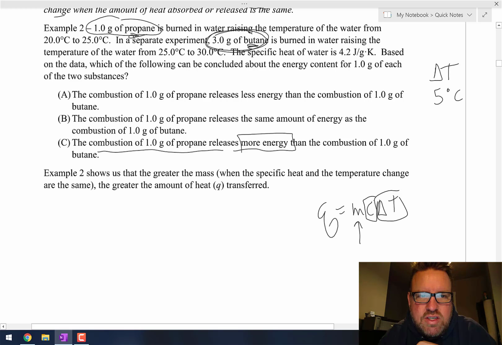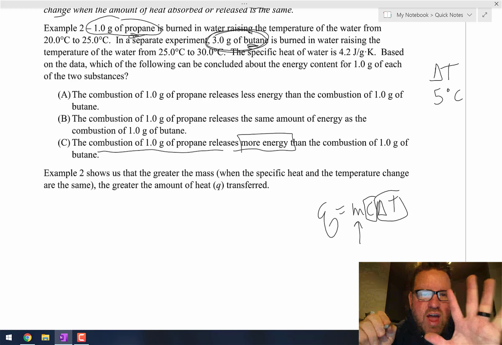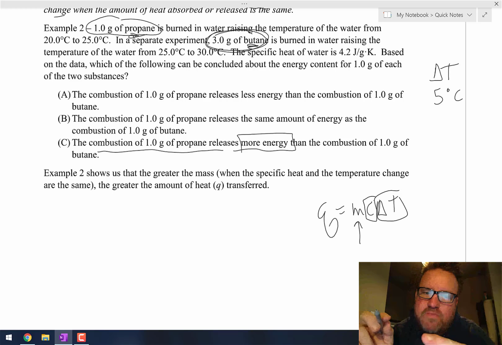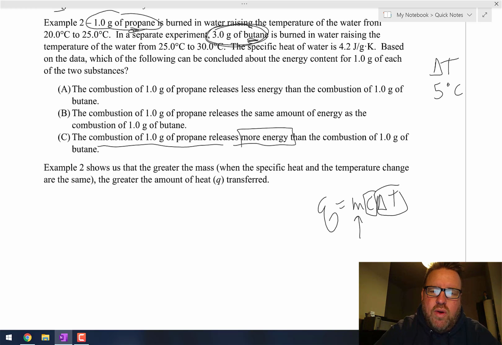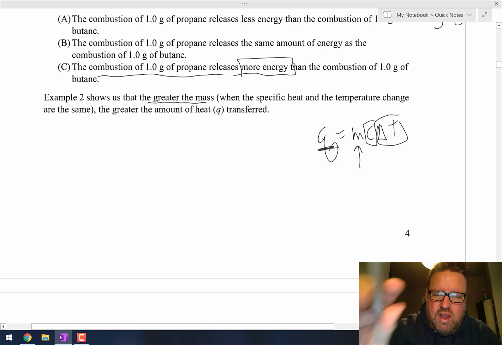That is correct, because 1 gram of propane raises the temperature of water 5 degrees, and 3 grams of butane also does the same thing. So 1 gram of propane produces more heat. And so what does this example show us? It shows us that the greater the mass, when the specific heat and the temperature change are the same, the greater the amount of heat transferred.